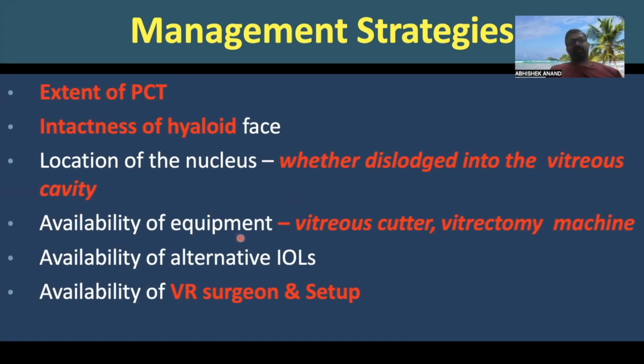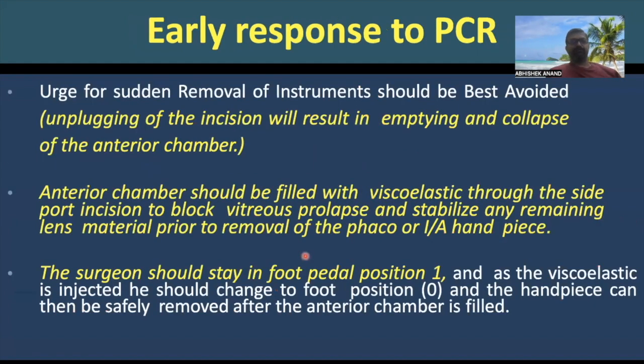Another very important factor is where you are practicing, whether there are vitreous cutters, vitrectomy machines, and a VR surgeon and setup available or not. Also, the availability of alternative IOLs is sometimes not present in the same setting. So all these variables determine how you are going to manage a PCR.